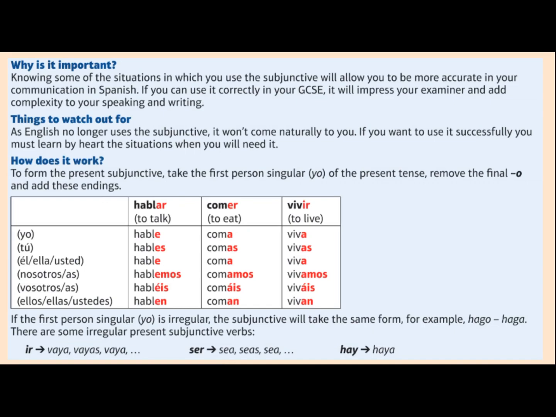We know that normally in the present tense, the first person, the I form, ends in O, like como, juego, hago, bailo. All of those verbs end in O. So we first of all write down hablo. Now we take off the O. We always take off the O. And then you add the following ending.